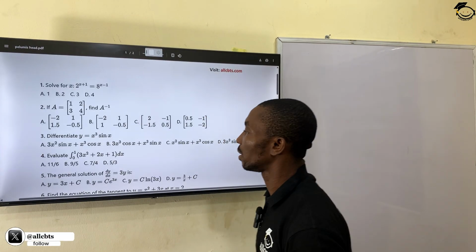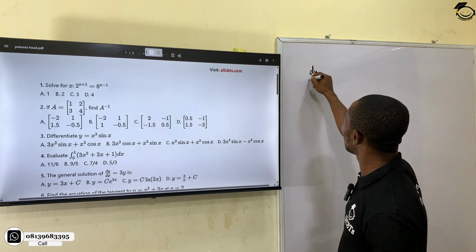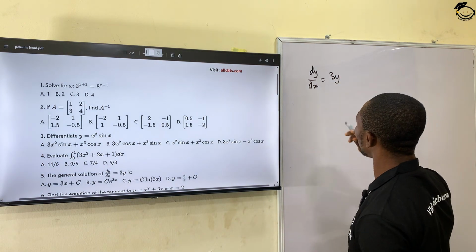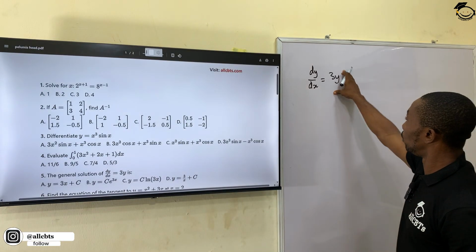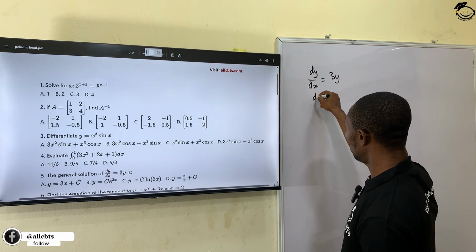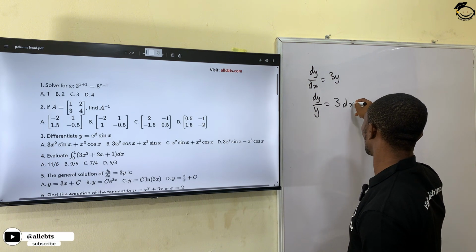Our next question says, the general solution of dy/dx equals 3y is. Now, to solve this, we'll first of all bring our common terms y together. This becomes dy over y equals 3dx.